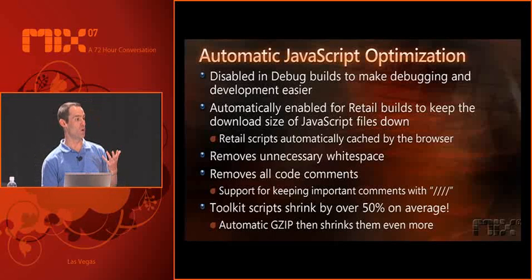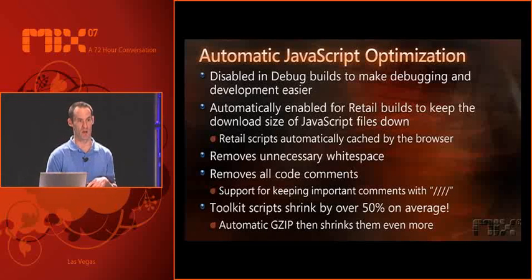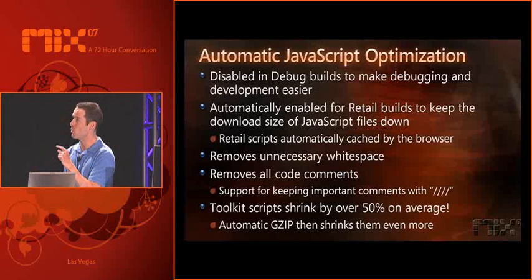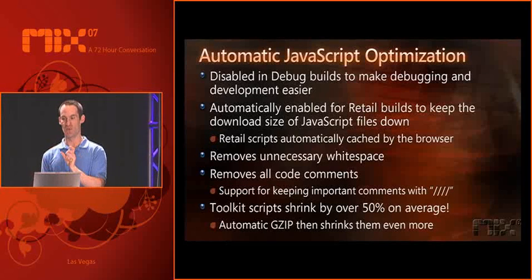Essentially, if you want to do retail, you either download our retail package, which has retail in it, or you simply rebuild the toolkit. If you build it in debug mode, you get debug scripts. If you build it in retail mode, you get retail scripts. So it works that way, makes the size of the DLL smaller, and makes the size of the download package smaller as well.